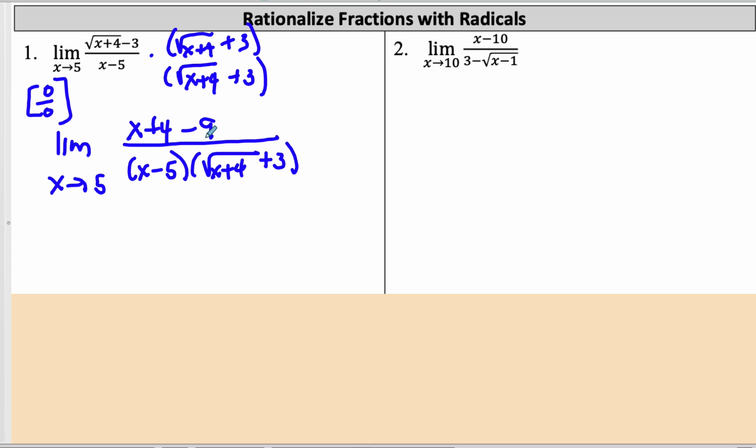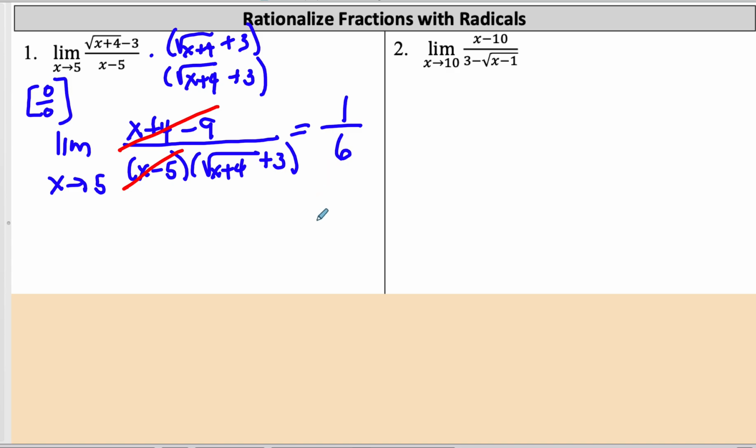Now, the numerator is actually x minus 5, so I'm going to reduce, and again, what's happening is I'm eliminating the hole, and now I can evaluate it. So that's 1 over, and if I put a 5 in here, that's root 9, which is 3. 3 plus 3 is going to be 6.